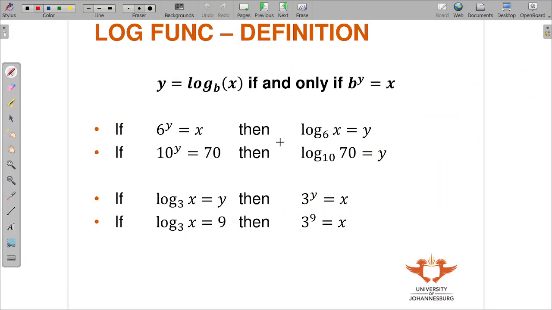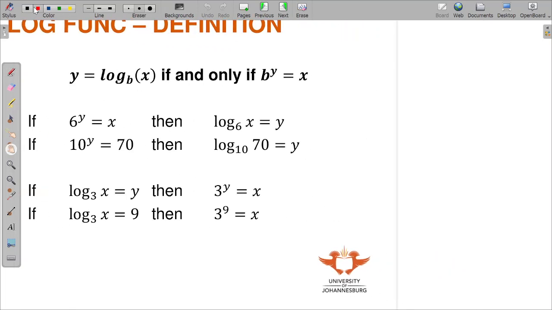All right. Sometimes we need to change from logarithm function to exponential function. So take note of this. If I have b to the power y equals x, this is an exponential equation, and we want to change it to a logarithm function. Don't forget, the base in the exponential function still remains the base in the logarithm function.